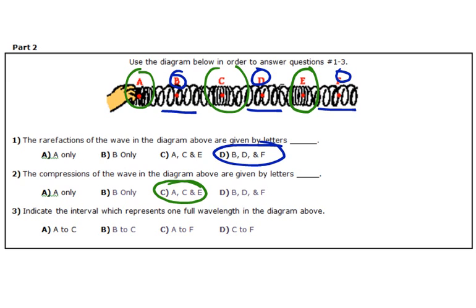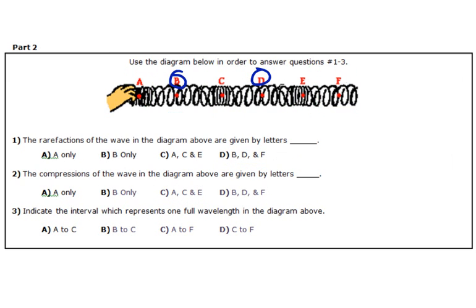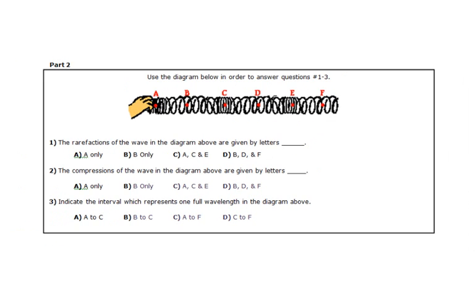And then it asks you to indicate the interval which represents one full wavelength in the diagram. So you're looking for like point to like point.